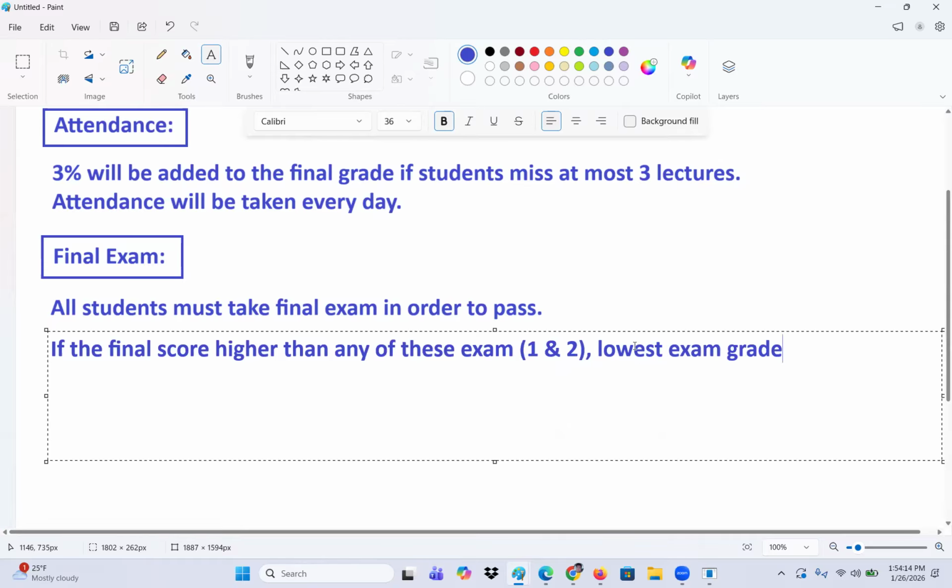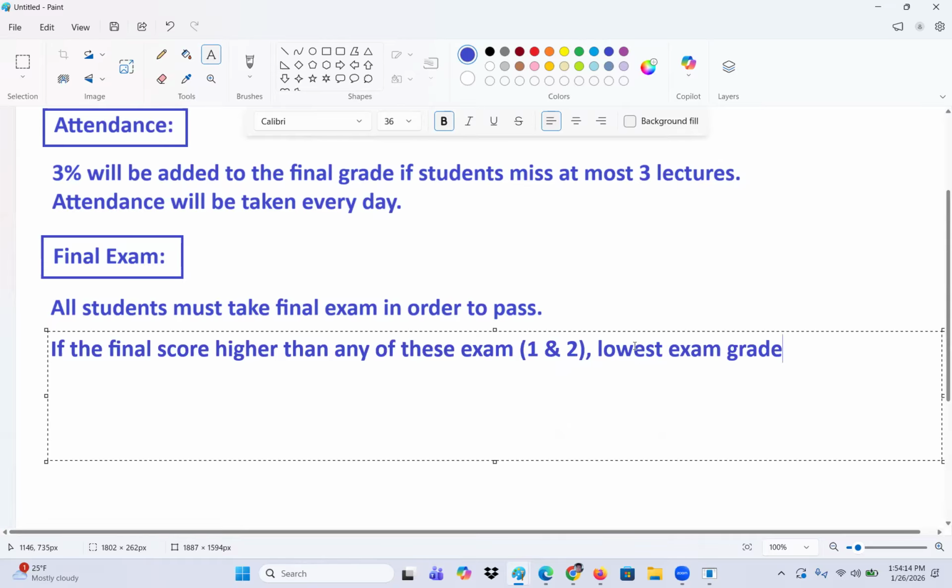Okay. But if the final exam score is lower, for example, the first exam was 85, the second exam is 90, and the final exam is only 80, there's nothing changed, right?